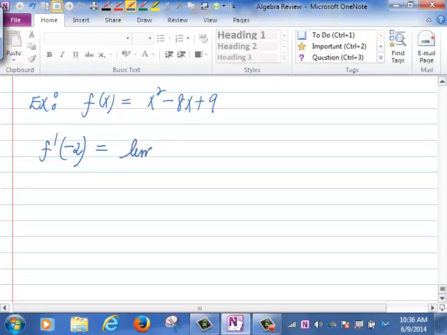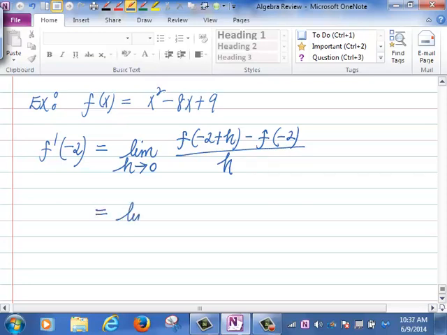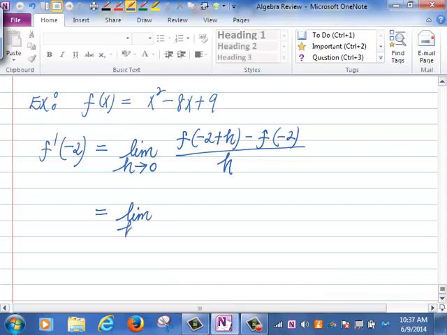So the limit as h goes to 0 of f of negative 2 plus h minus f of negative 2, divided by h. Well, this is equal to the limit as h goes to 0. What is f of negative 2 plus h? In the definition for f of x, you replace x by negative 2 plus h, right?